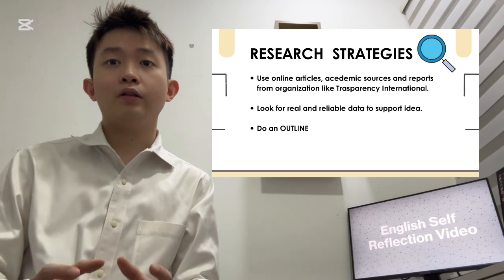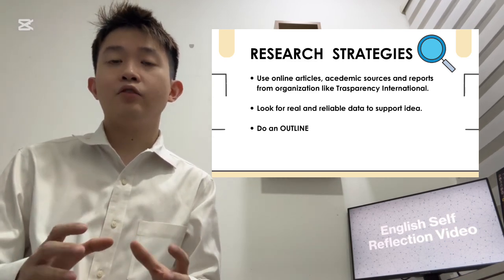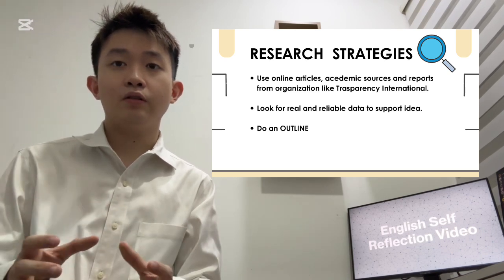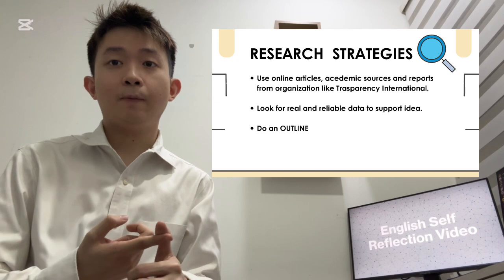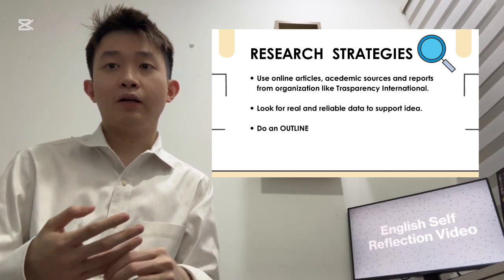Next, my research strategies. I used online articles, academic sources, reports from organizations like Transparency International, and articles from Google Scholar. I looked for real data, examples, and reliable articles to support my ideas.